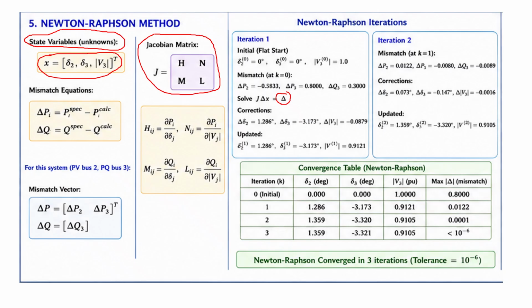This P2 is the power at the flat start. This is the change in P2, and at bus 3, the change in P3 and the change in Q3. So solve this equation. By solving this equation, we can obtain the magnitude of the voltage angle after each iteration, and now we'll correct this. The correction is like a change in this, a change in this, and this. So the updated one is we'll add this to the initial value, and finally we'll solve.